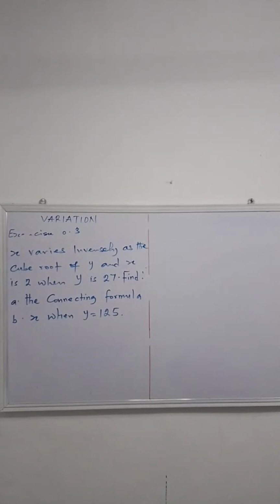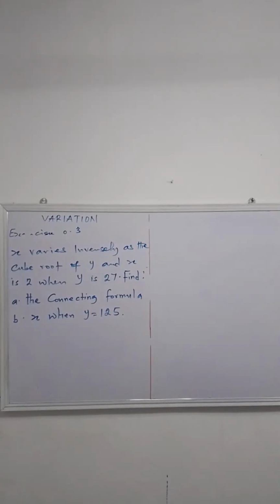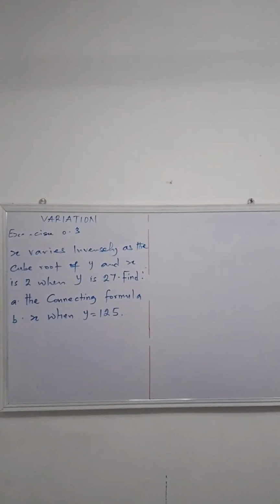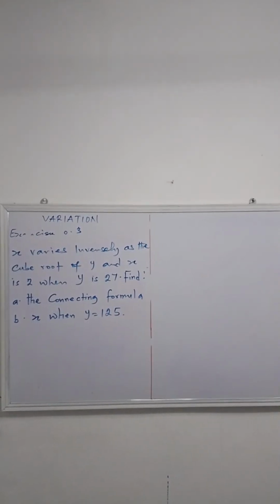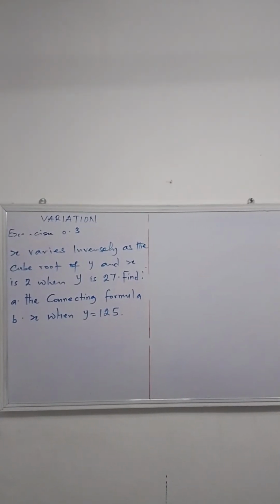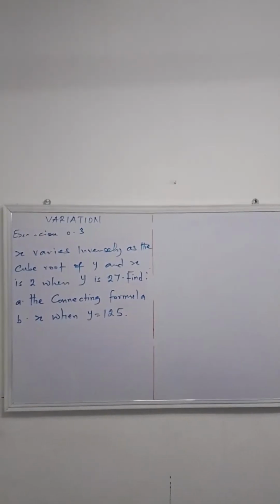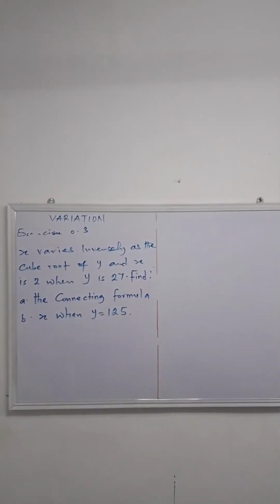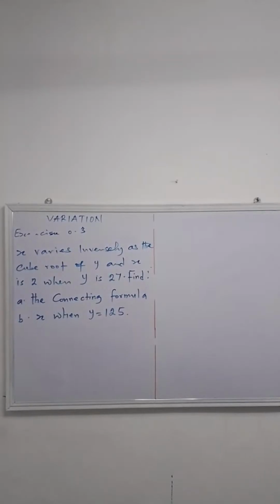Can we see the question clearly now? Can we all see the question clearly? Let me try and adjust. Can we see the board clearly? I'm trying to move, so I think we should see the board now fully.